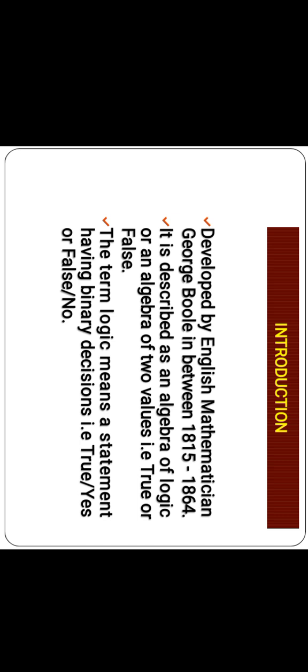Boolean algebra terminology. Variable. The symbol which represents an arbitrary element of a Boolean algebra is known as a variable. Any single variable or a function of several variables can have either a 1 or 0 value.